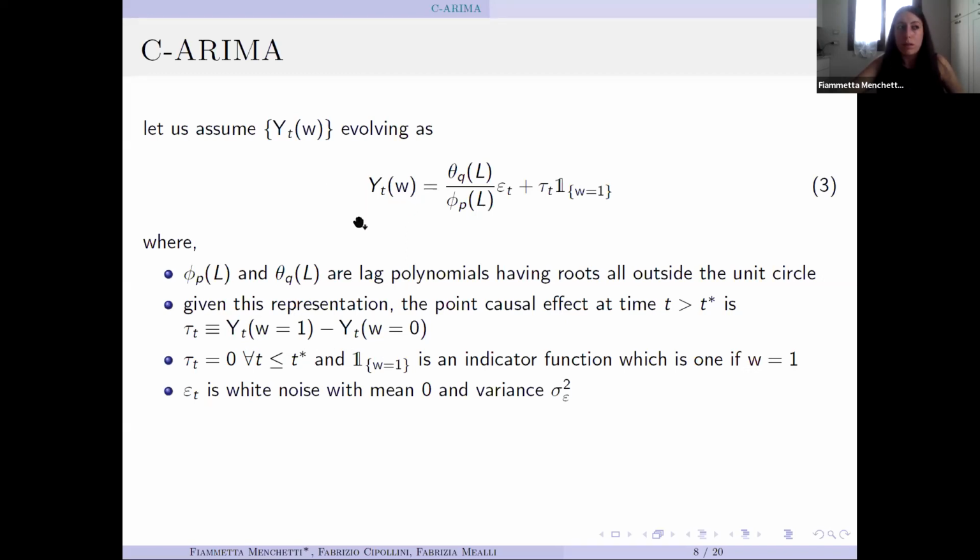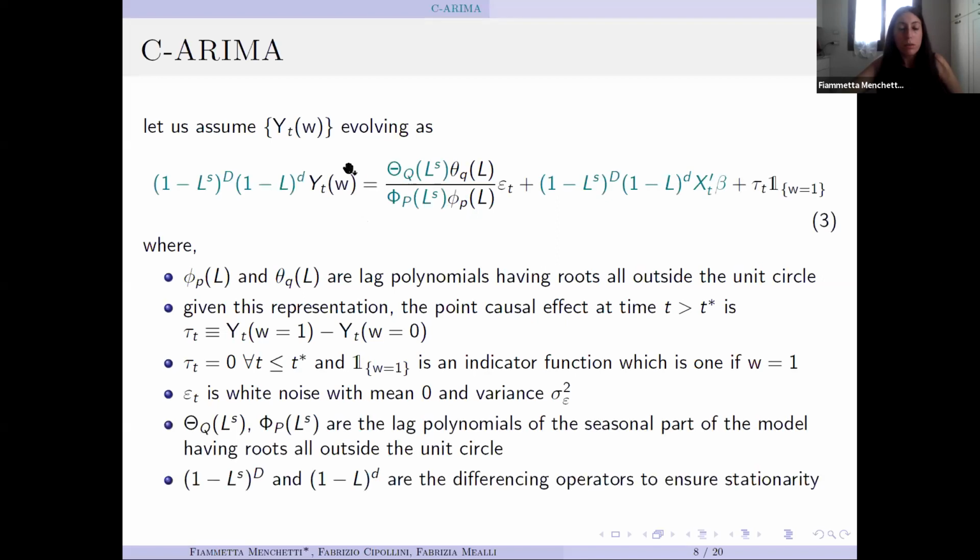Starting from this very easy representation, we can complicate things a little bit. This is the most complex model that we can get. This is a seasonal ARIMA model, so there is the addition of the seasonal component here, and then there are the differencing operators if Y_t(w) is not stationary.